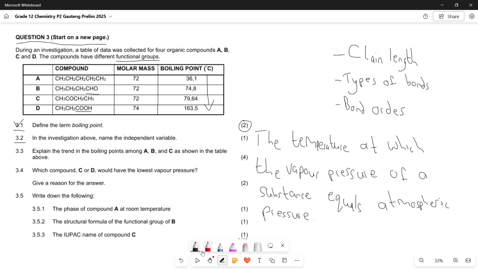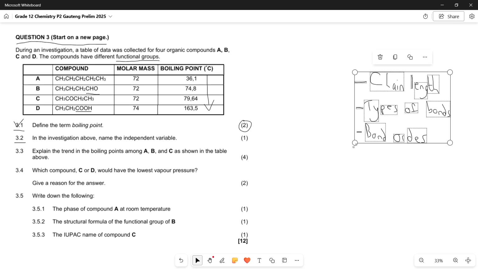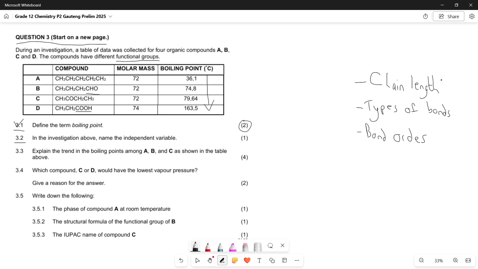And then 3.2 says, in the investigation above, name the independent variable. So we wrote these 3 guys up here in the beginning, the chain length, type of bond, and bond order, because these are usually one of the independent variables. So they'll usually do this question in some sort of investigative question type way, where we have independent variables. It's either chain length, type of bond, or bond order.